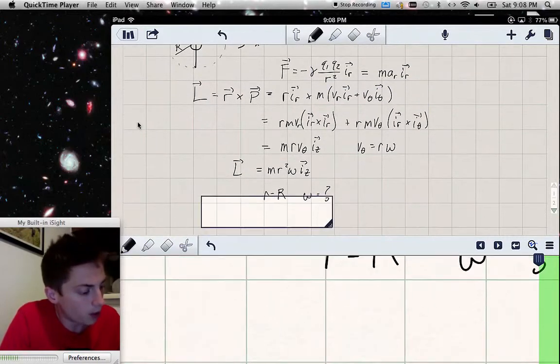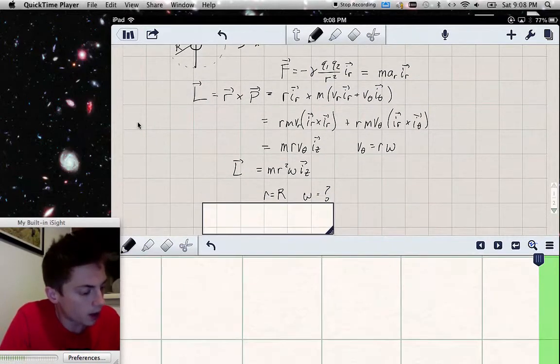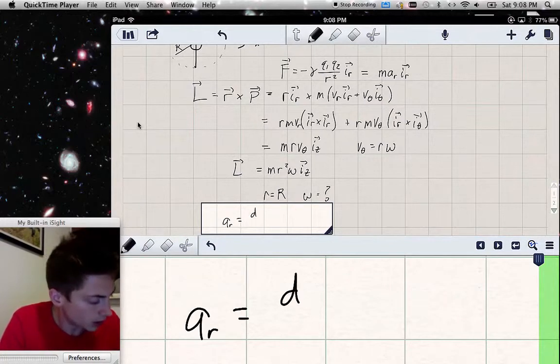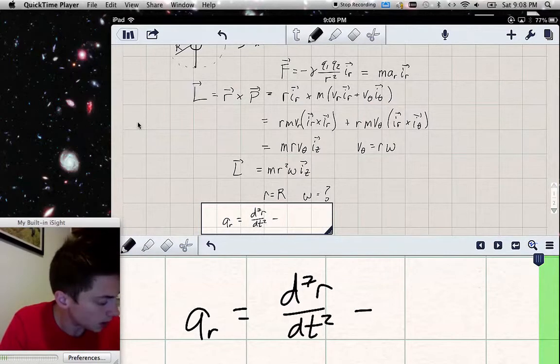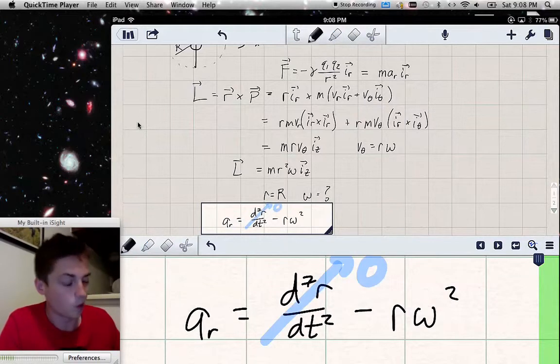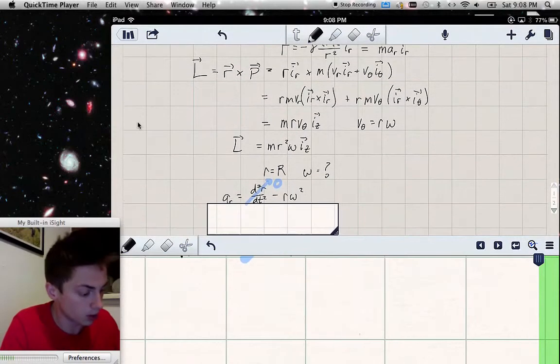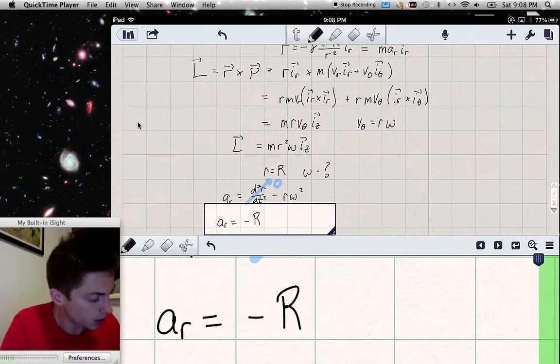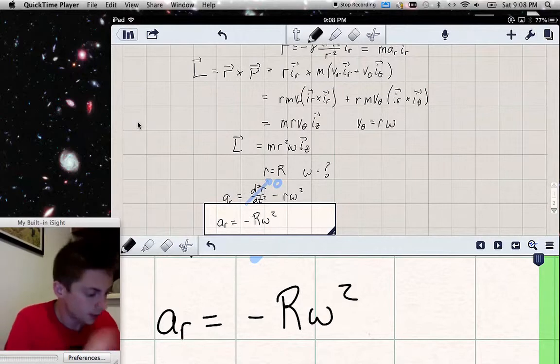We know from our derivation that a_r is equal to d squared r dt squared, the second derivative of r, minus r omega squared. This is 0 because we're in circular motion. r is a constant, capital R, so two time derivatives of it will certainly give us 0. a_r is equal to negative r omega squared, right?